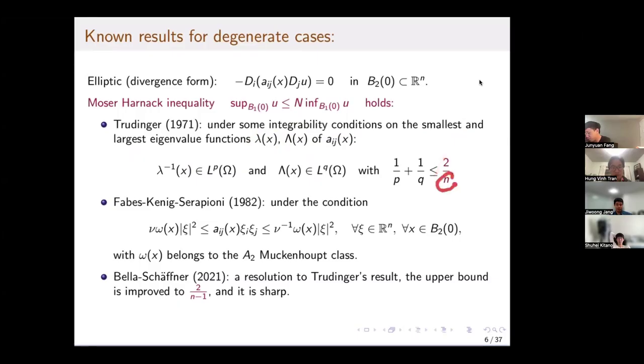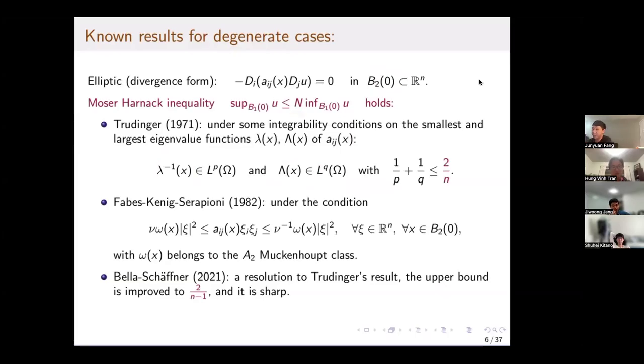This n is the spatial dimension. Then you still have this Moser Harnack. Okay, you don't need the uniformly elliptic condition. But here, their N in some sense depends on the integrability behavior in this ball. Okay, so in some sense, it's not so generic, this constant N.